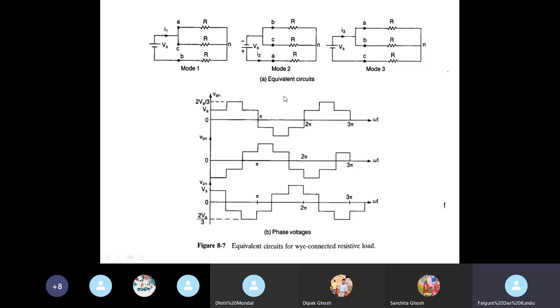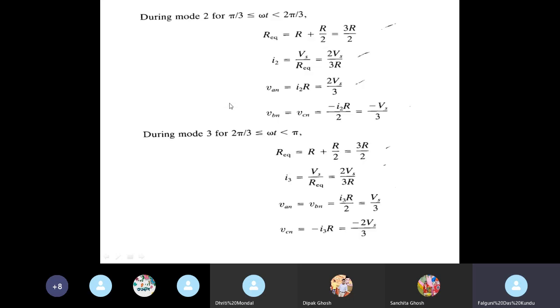Here we see that the maximum value of VAN, for mode 2, that means pi by 3 lies between omega t, lies between 2 pi by 3, VAN is nothing but 2 Vs by 3 and VBN equals VCN is nothing but minus Vs by 3.